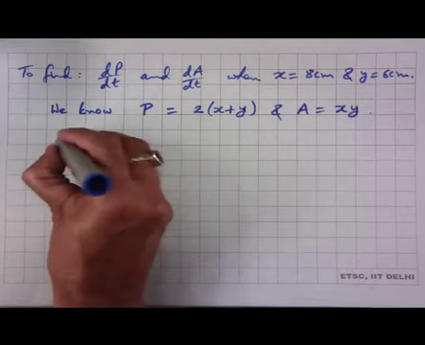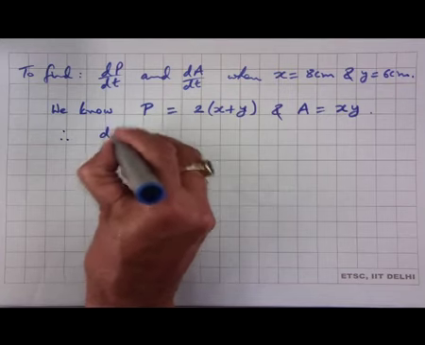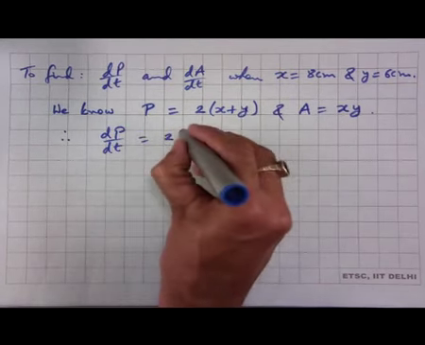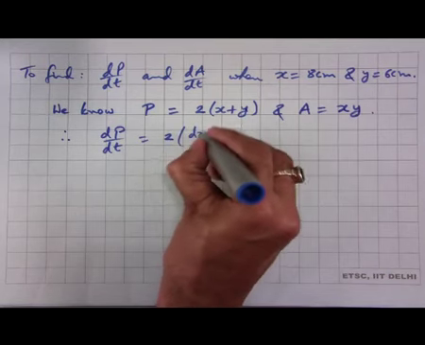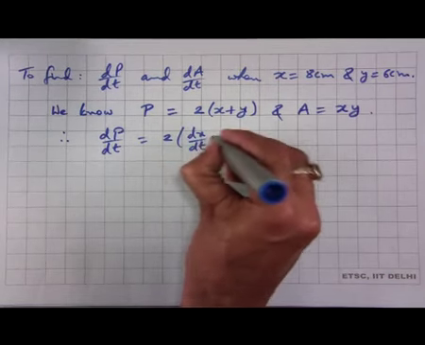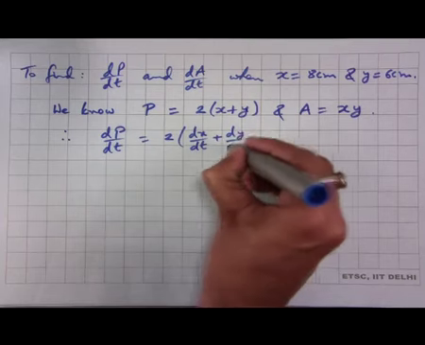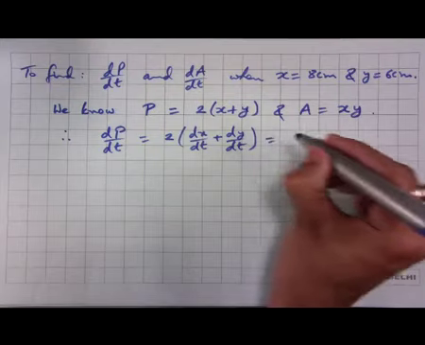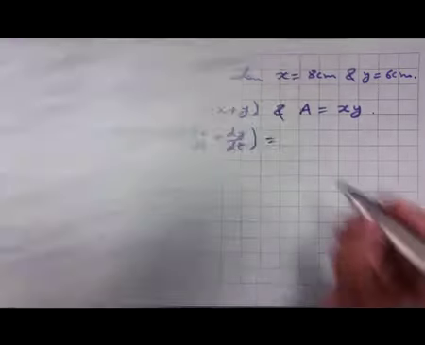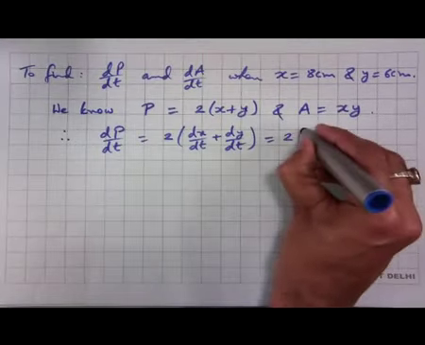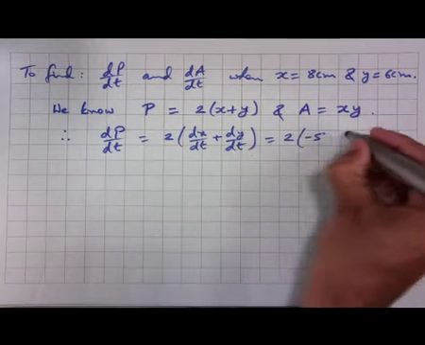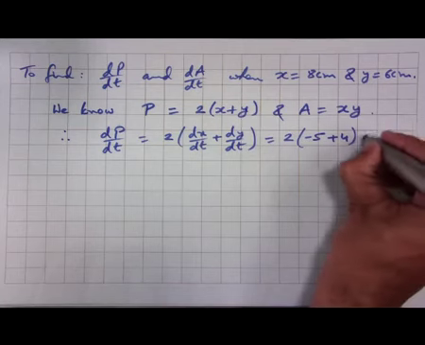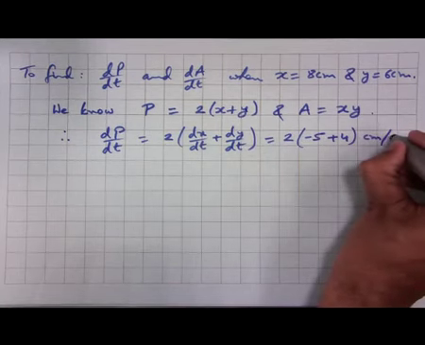So, therefore, if we calculate dP/dt, this is equal to 2 times (dx/dt plus dy/dt), and dx/dt is given to be minus 5. So, this is 2 times (minus 5 plus dy/dt, which is 4) centimeter per minute.